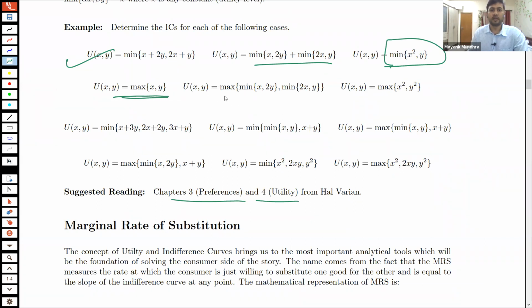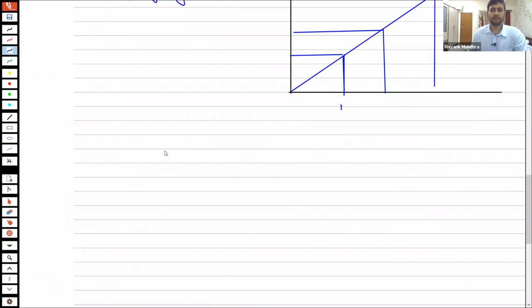All right. Max of min of x comma 2y comma min of 2x comma y. Can anybody tell me what this would look like? Okay, this is a slightly difficult one.